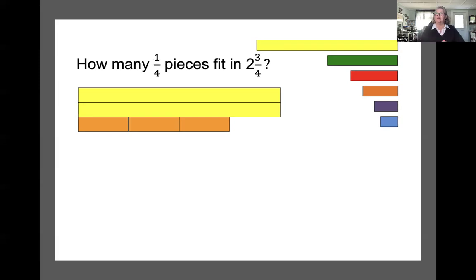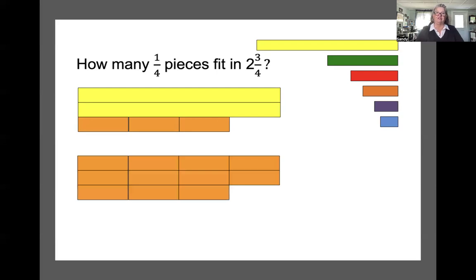Now, when we're going towards improper fractions, what we're going to think about is how many of the unit fraction, that 1/4 piece, will fit inside of the 2 3/4. Now, if you notice what I've done, it's the same size, it's equivalent sizes to the 2 3/4, but this time I use 11 1/4 pieces.